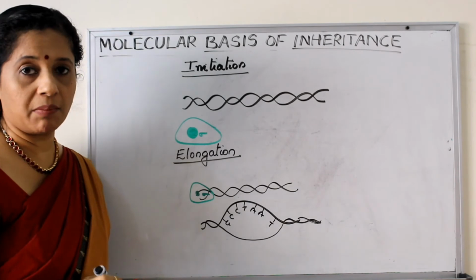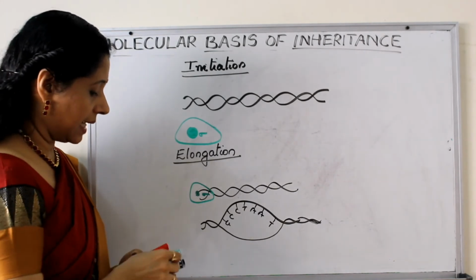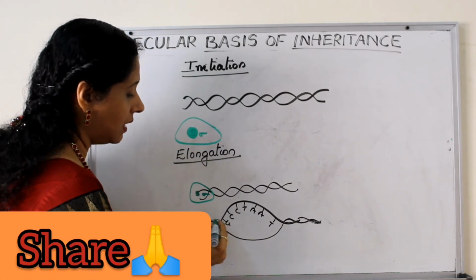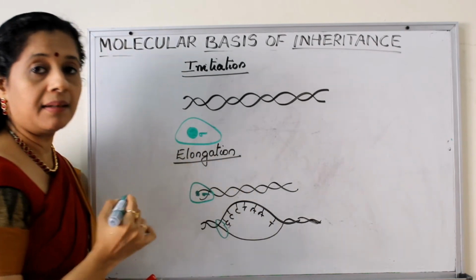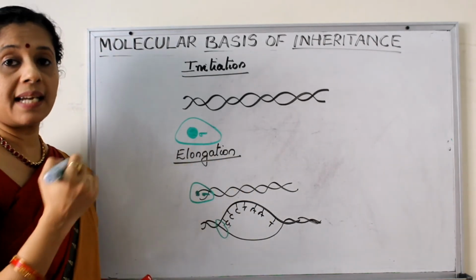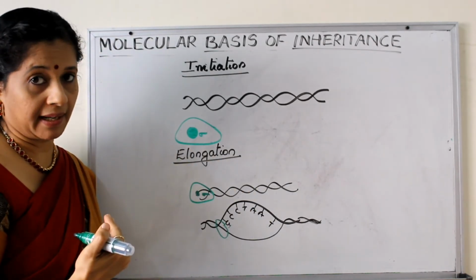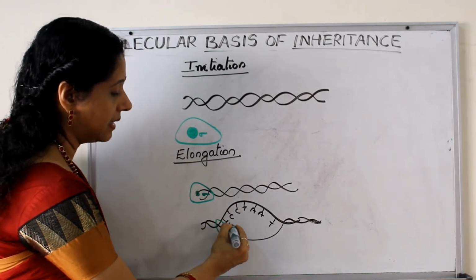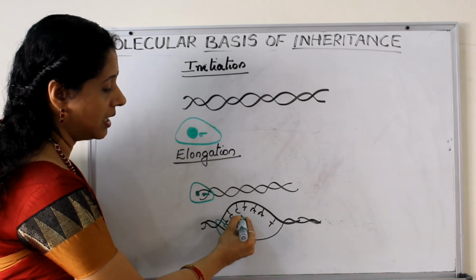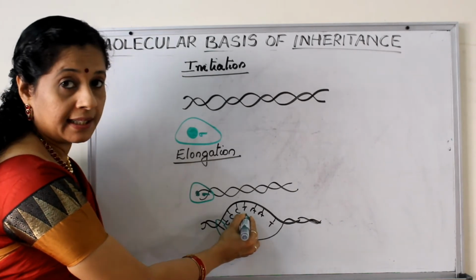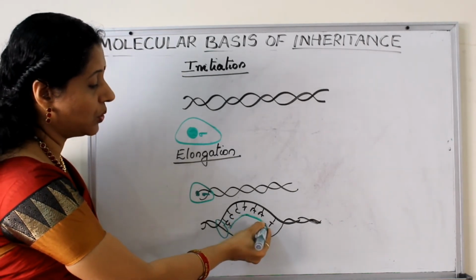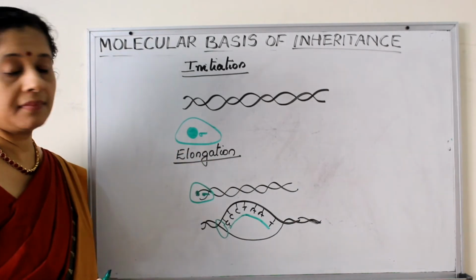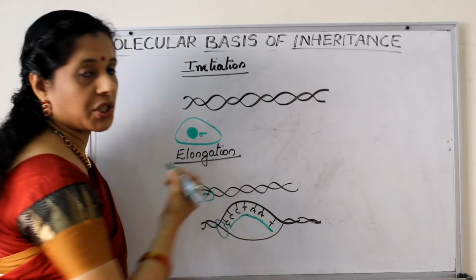Only the template strand will be copied. So now the enzyme which is here will move through this and add the ribonucleotides according to the rule of complementarity. That is, if G is here, C will be added, G, G, A, then T won't come, U, U, A. Now up to this it reached.